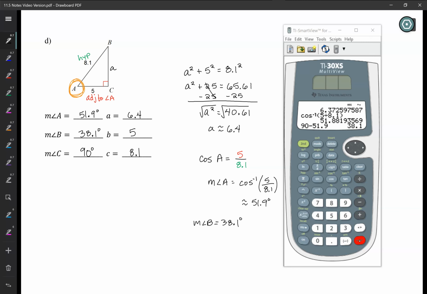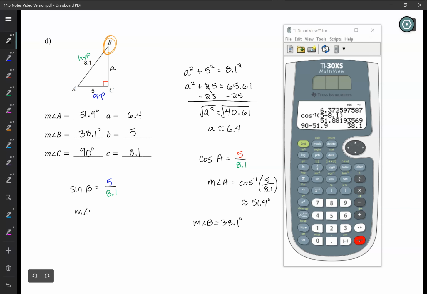Another way of getting angle B would have been saying, okay, I'm looking at angle B. 5 is opposite. Opposite and hypotenuse is sine. The sine of angle B is 5 over 8.1.